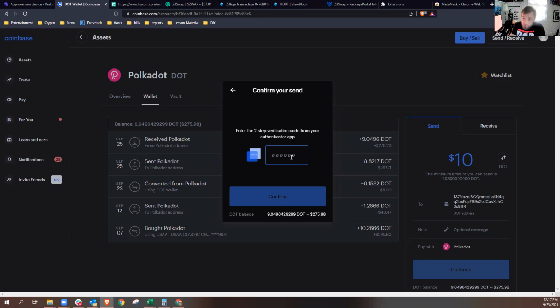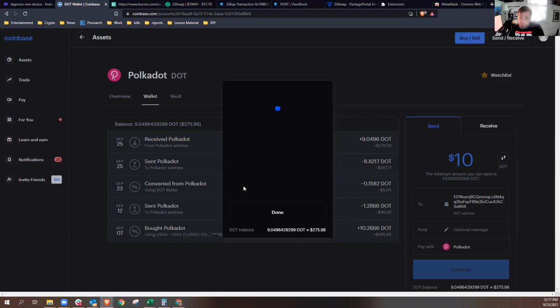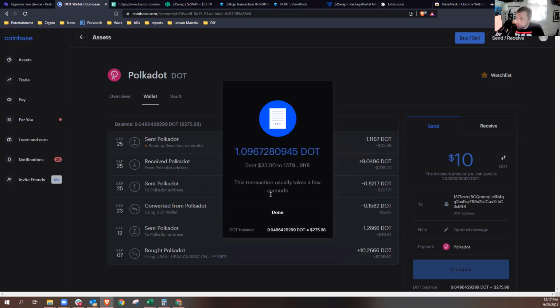So I use Google Authenticator because it generates a 6-digit password every so often. What I just entered isn't going to be the same after 60 seconds. It refreshes and turns into a different code later.